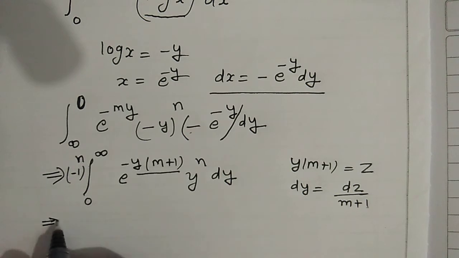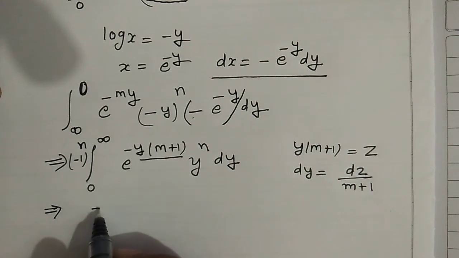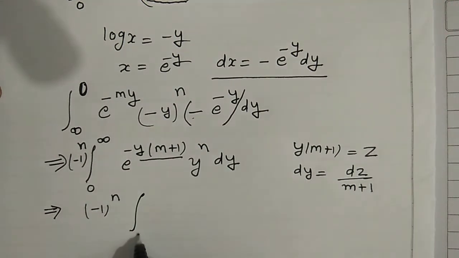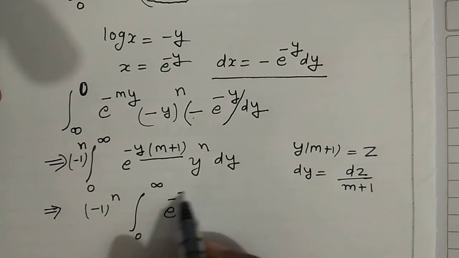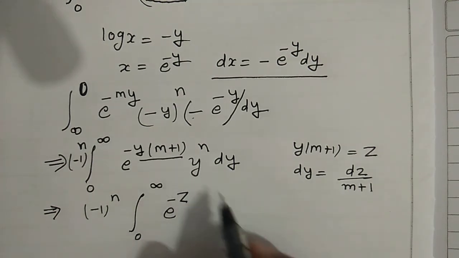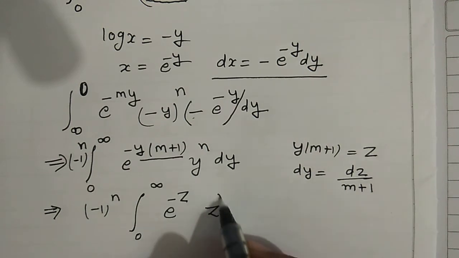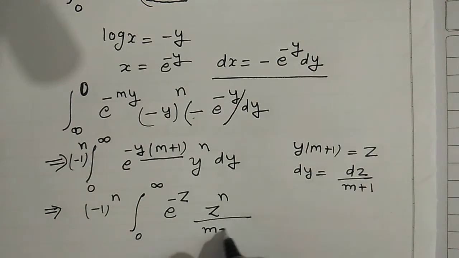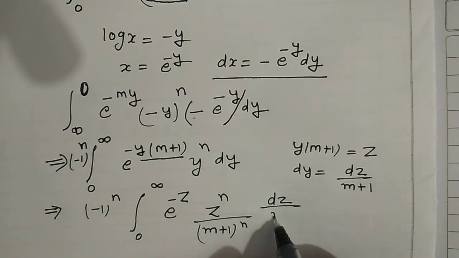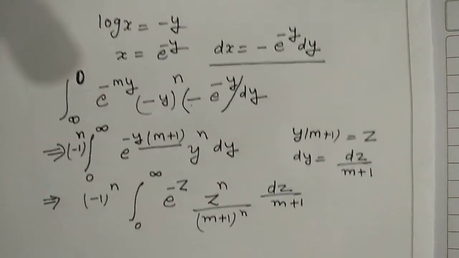This will be minus 1 power n, with limits the same, 0 to infinity, e power minus z, and y power n means z power n upon (m plus 1) power n, and dz by (m plus 1).